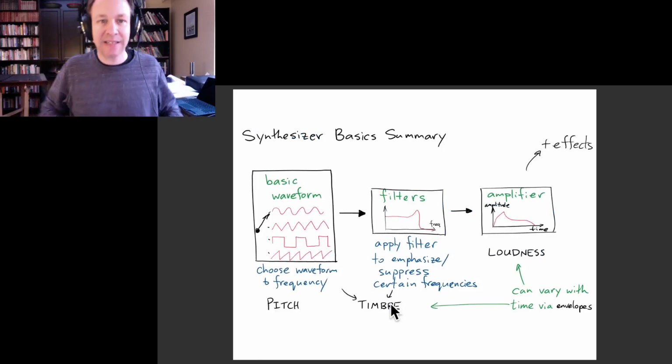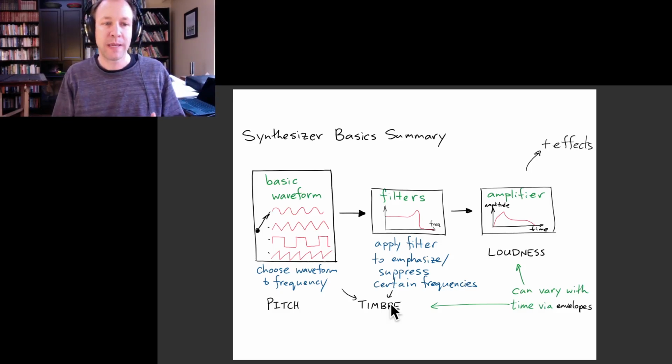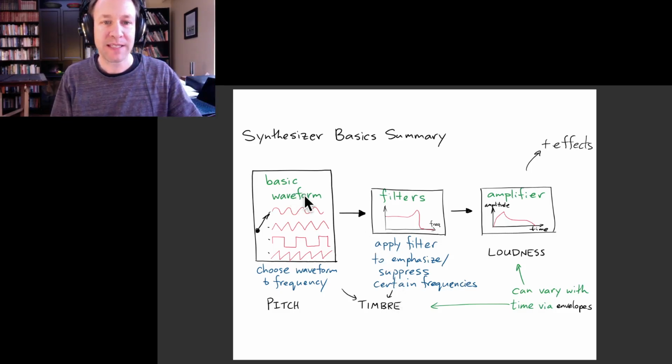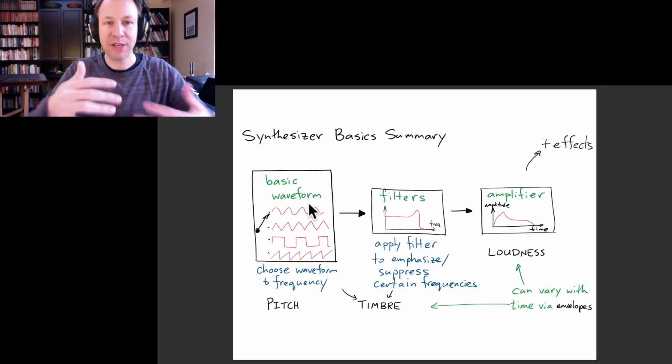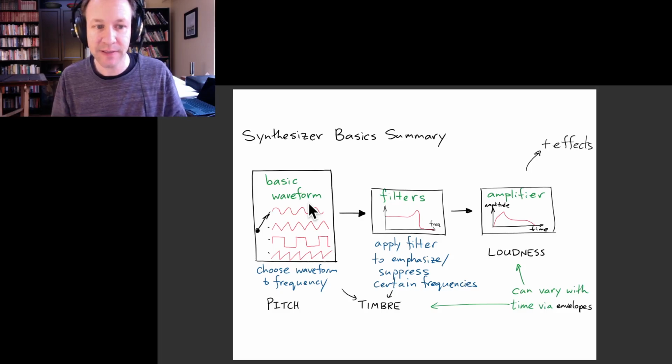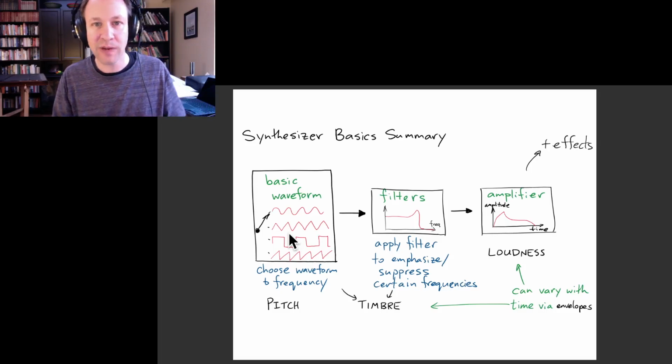Okay, so that is it for my basic summary of synthesis. Just as a review, what we do is start with some basic waveform that could be as simple as a combination of sine waves in additive synthesis, or one of these more complicated waves, the sawtooth or the square wave, or possibly a couple of those together.